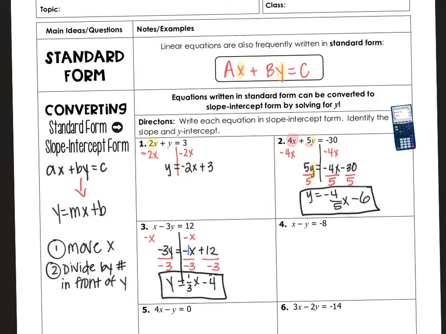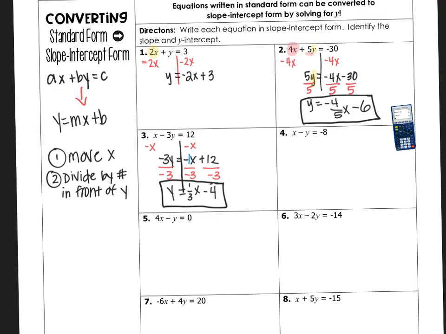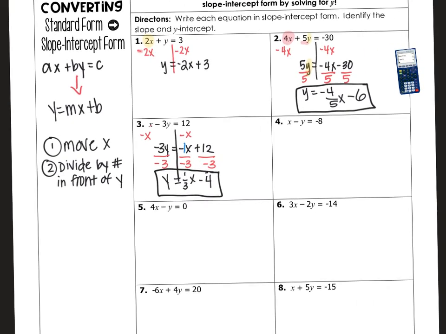All right, let's look at number 4. So first thing, we've got to get y by itself, and the pattern so far has been to get rid of the x, so subtract x from both sides. I'm left with negative y equals negative x minus 8.